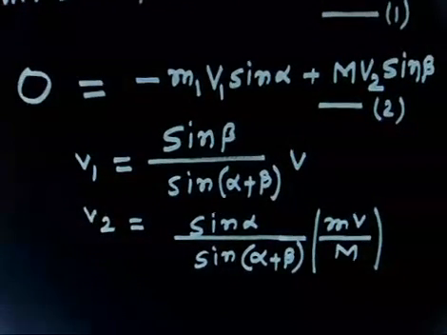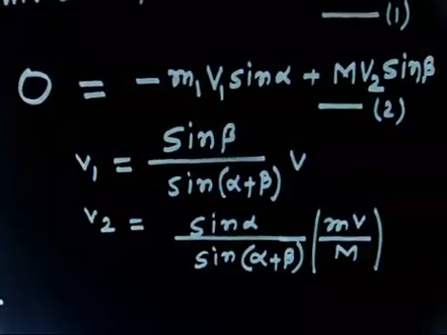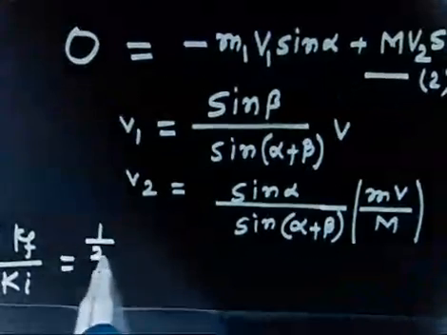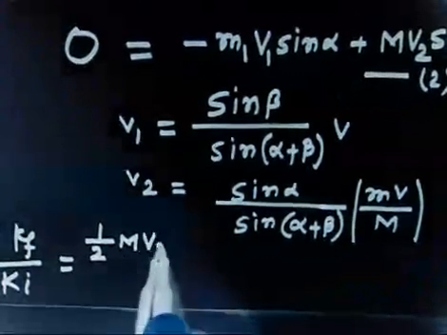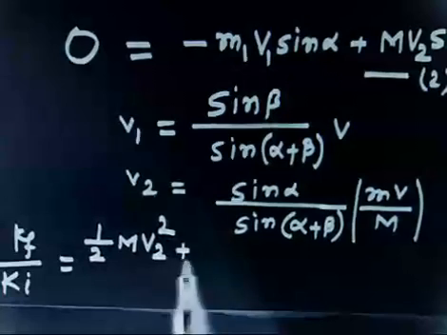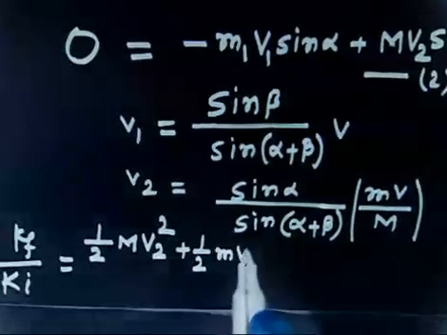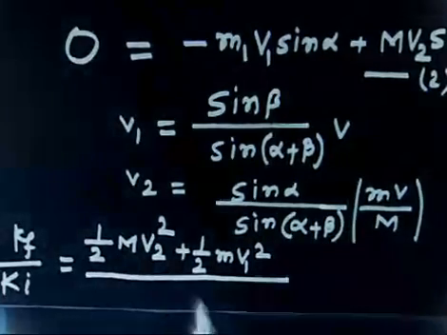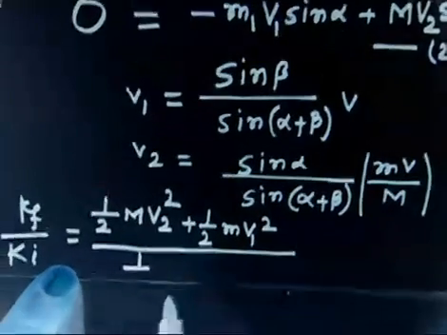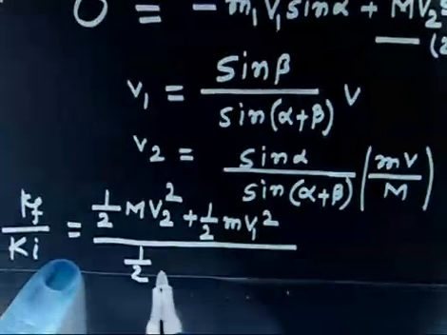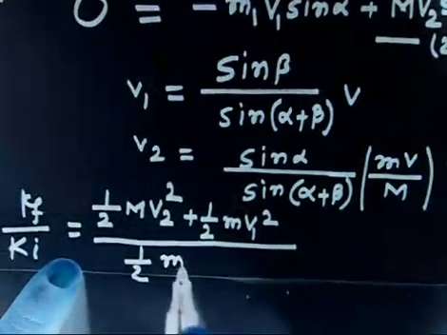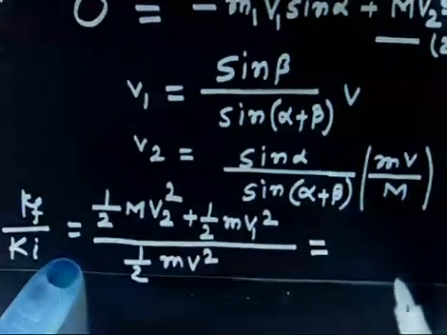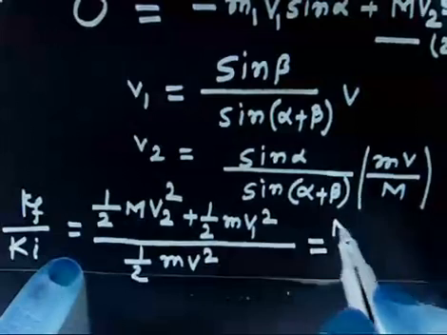Similarly, the final kinetic energy divided by initial kinetic energy. The final kinetic energy is capital mass M, now moving with velocity v2 squared, plus small mass m that is moving with velocity v1 squared, and initially only this mass is moving, so the initial kinetic energy is half mv squared. If you take this ratio, I am giving the answer, you have to calculate it yourself.